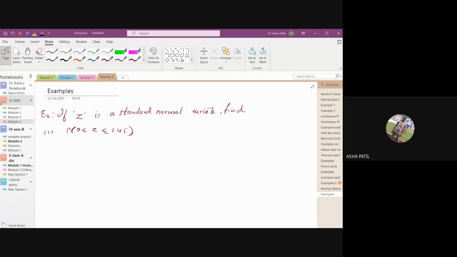So already we have discussed that the probability distribution of the normal function is nothing but the area under the normal curve, and the total area included in this normal curve will be equal to 1.